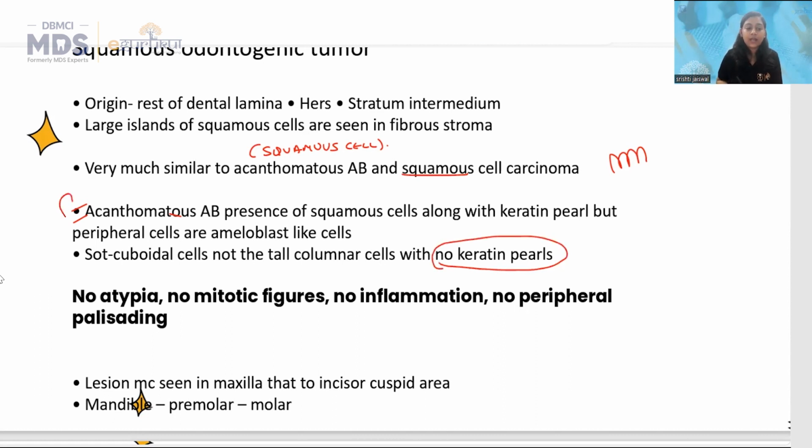So this is the way we differentiate acanthomatous ameloblastoma and squamous odontogenic tumor. And the most important point, no atypia, no mitotic figures, all these malignant features are not seen in the squamous odontogenic tumor. No inflammation, no peripheral palisading of these cells is seen.